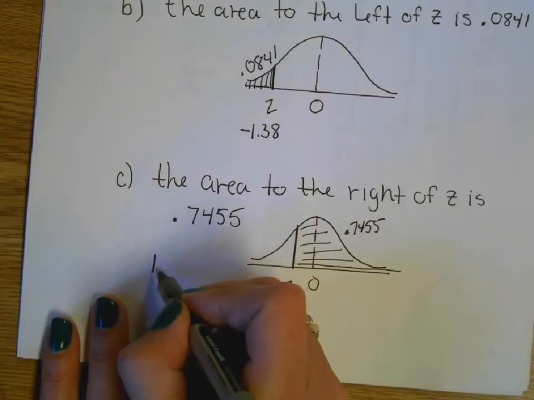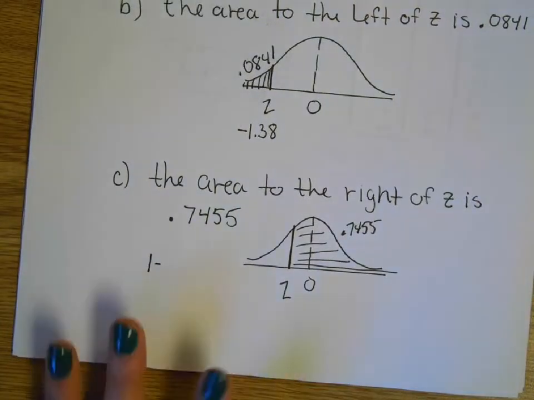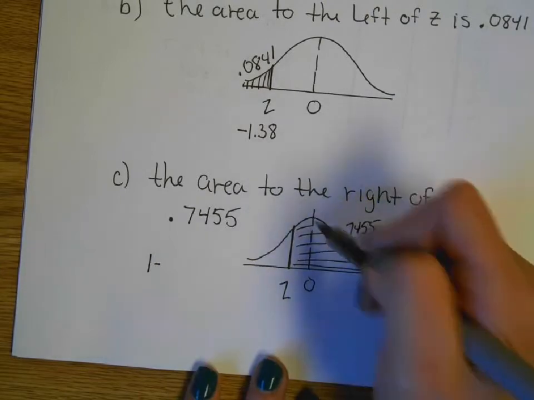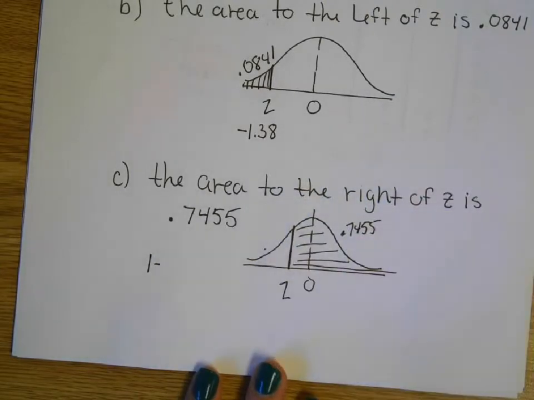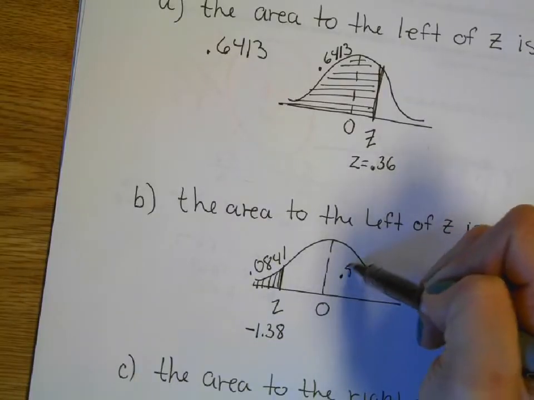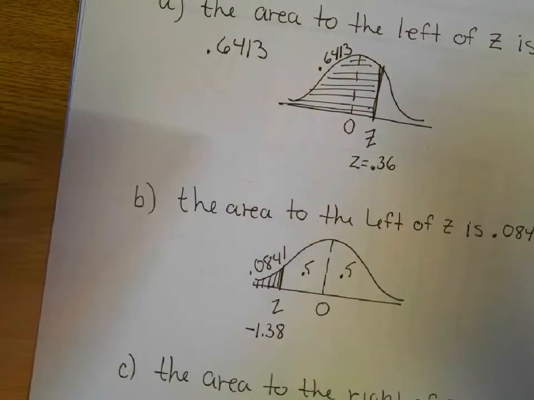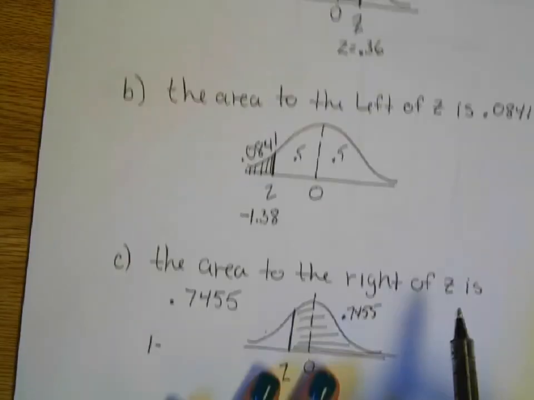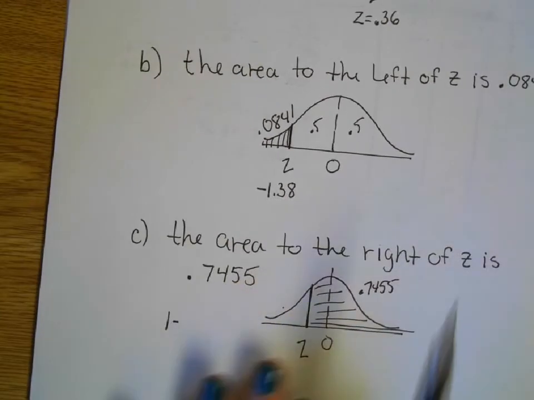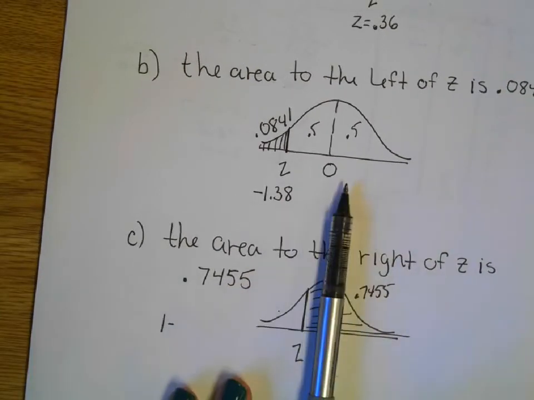So, I'm still confused on how you know whether it's negative or positive. Because 50% of the graph is at the middle. This line cuts it 50% to the left, 50% to the right. Do you understand that? The line down the middle. There's 0.5 here and 0.5 here, 50-50. Well, if I want 75% of the graph to my right, here's 50%.